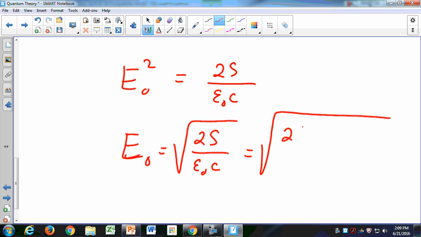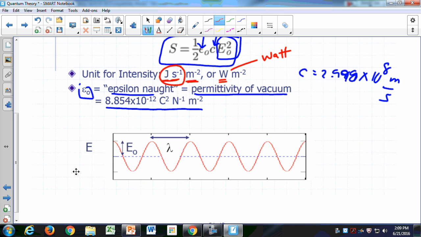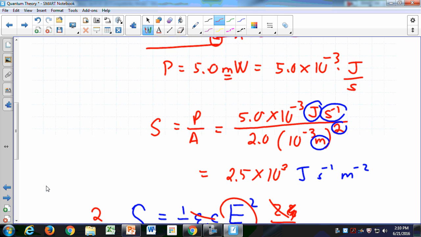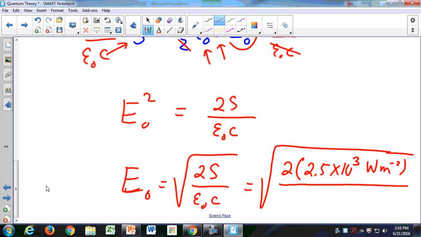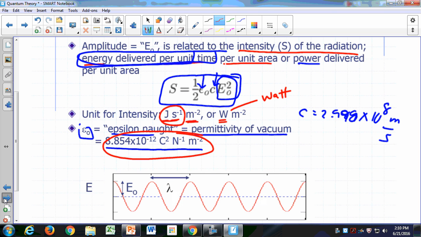So that's 2 times 2.5 times 10 to the third watt per square meter, divided by epsilon naught. What's epsilon naught? We have epsilon naught is 8.854 times 10 to the negative 12, and the unit is coulomb squared per newton per meter squared.